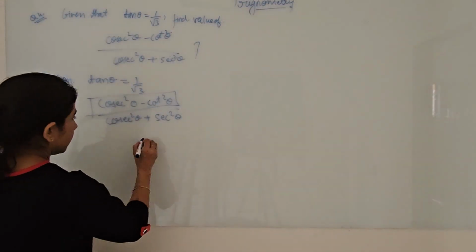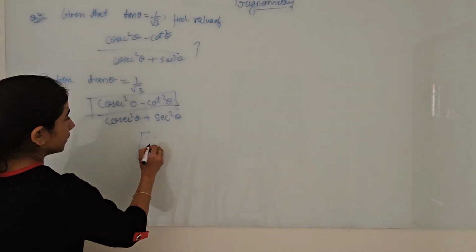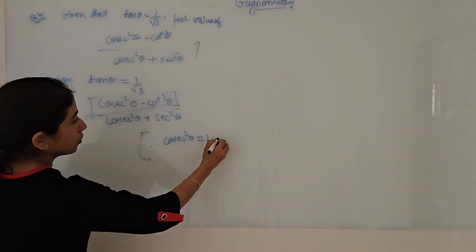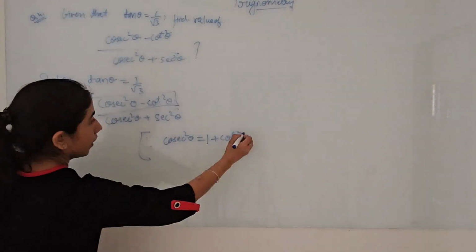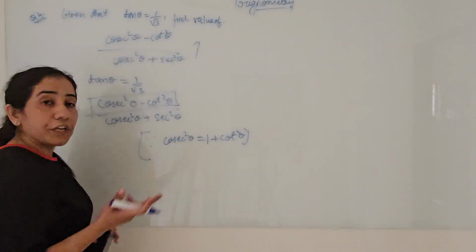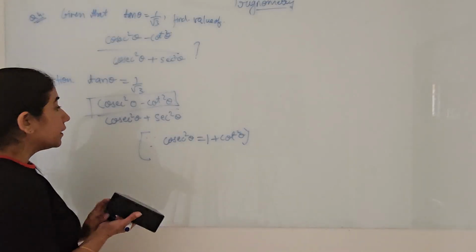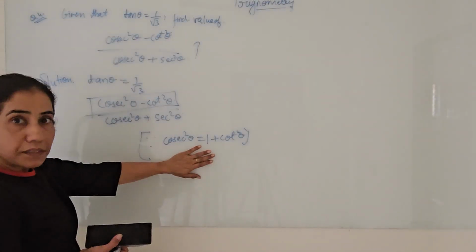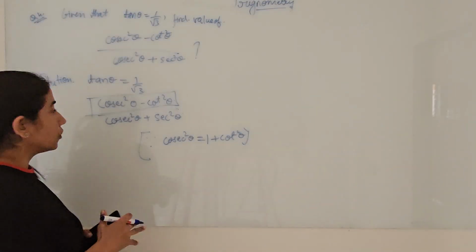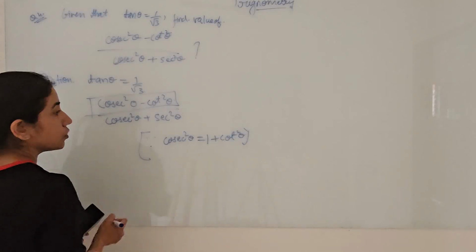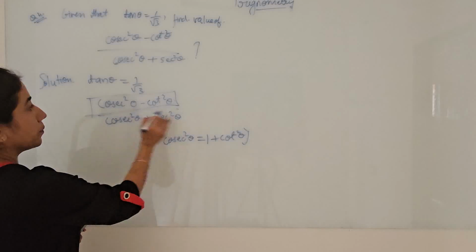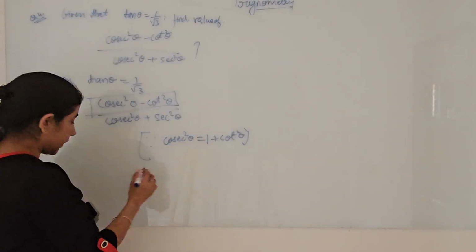We know the identity cosec^2 theta is equal to 1 plus cot^2 theta. This was discussed in my previous video on trigonometry. So this numerator part will become 1, right?